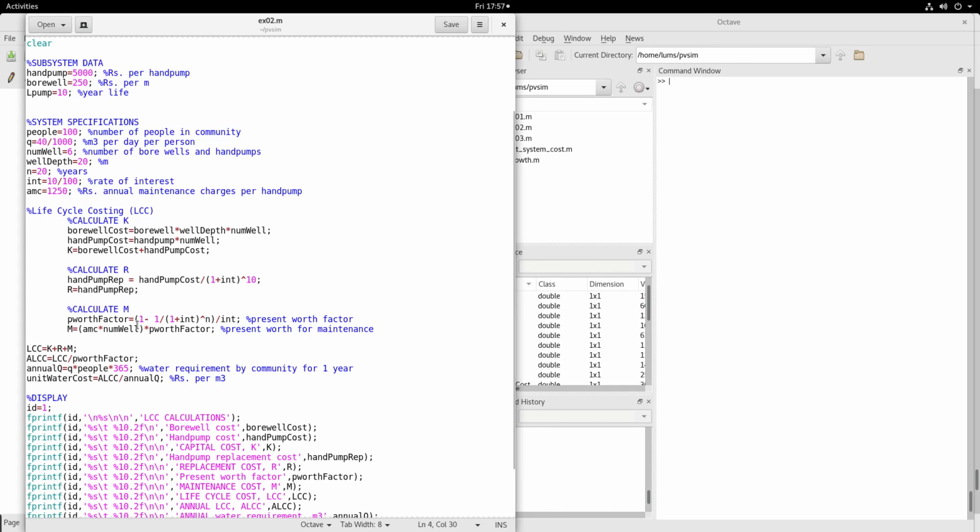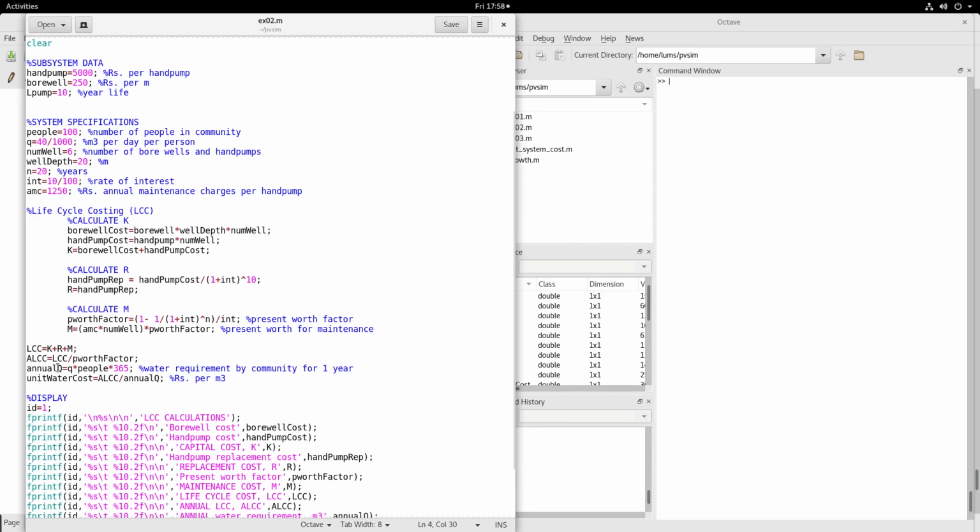Then calculate the maintenance. The present worth factor is calculated, and then maintenance is AMC, which here is 1250 per hand pump, into the number of hand pumps into the present worth factor, which will give you the maintenance. Calculate LCC, then calculate ALCC.